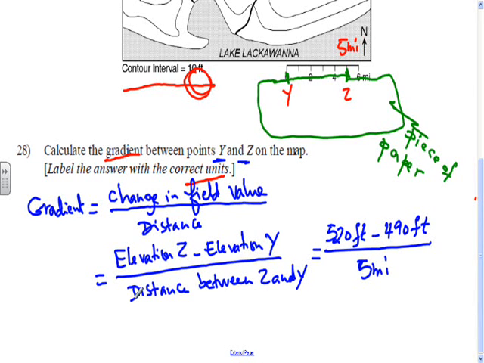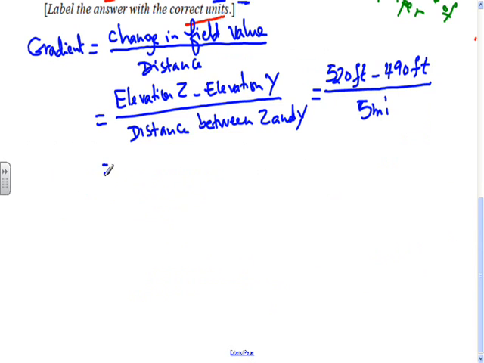So this is equal to 520 minus 490. Of course, it's 30. Remember, don't forget the units. 30 feet divided by 5 miles. Again, why miles?